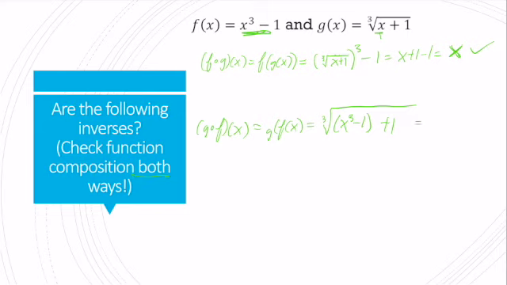That means I have the cube root of x cubed plus 1 minus 1, which means I have the cube root of x cubed. Well, cube roots cancel out cubes, so I'm left with x. So because f composed with g and g composed with f both gave us x, that means that yes, these are inverses.